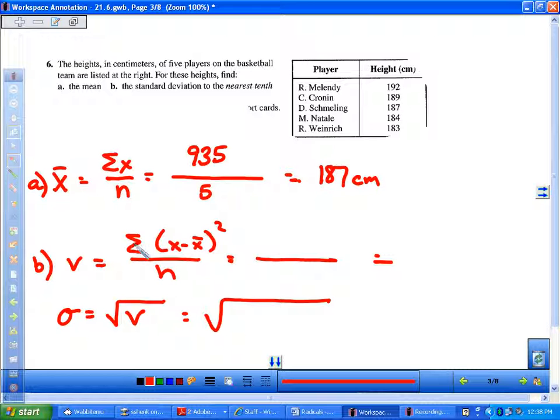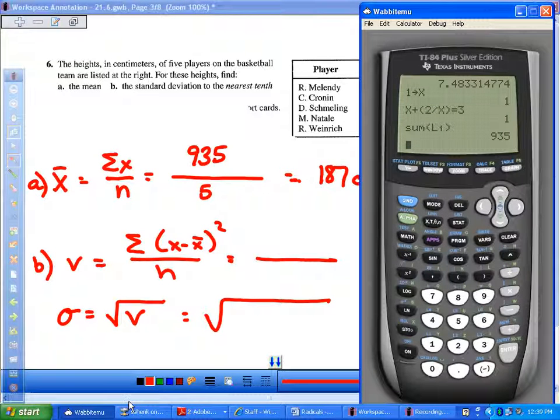The variance. How are we going to get sigma x minus x bar squared from the calculator? Sum again, so I'm just going to hit second enter. So I got sum without having to go through it again. But sum what? Not absolute value. Another parenthesis.